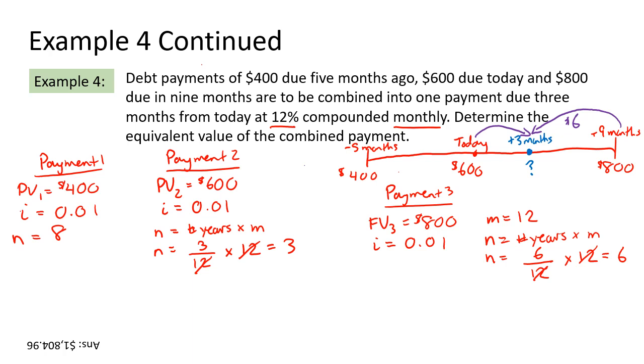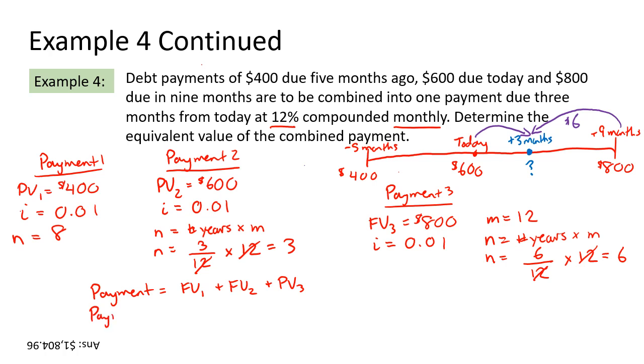So remember our original formula, our total payment was equal to our future value calculation for payment number 1, plus our future value for payment number 2, plus our present value of payment number 3 because it was in the future.